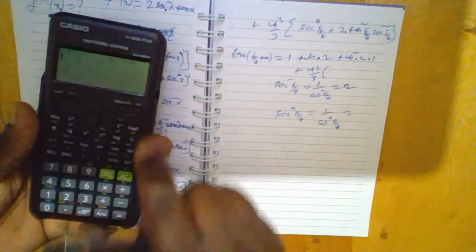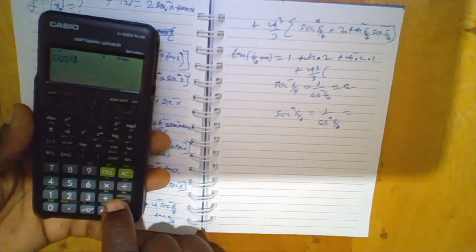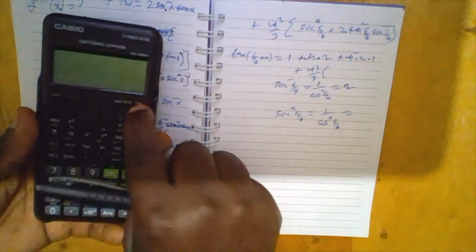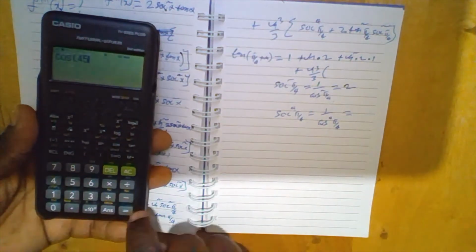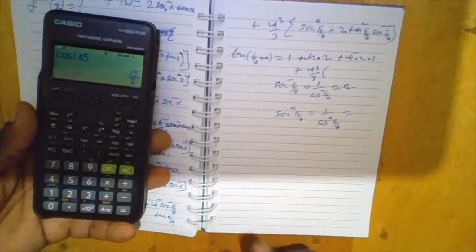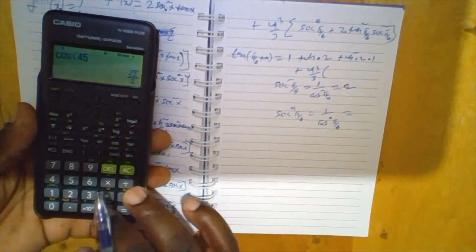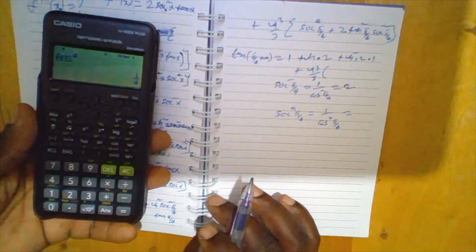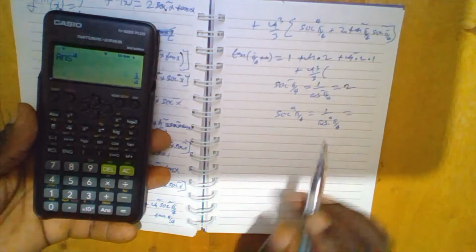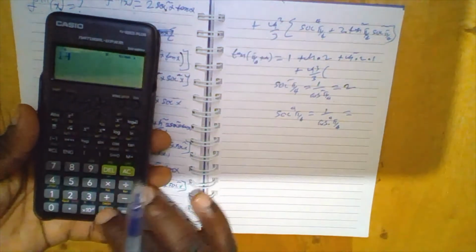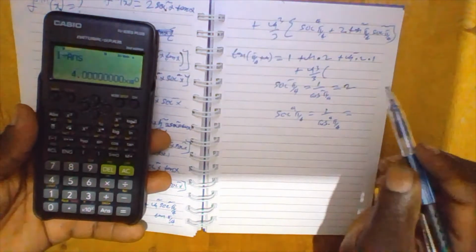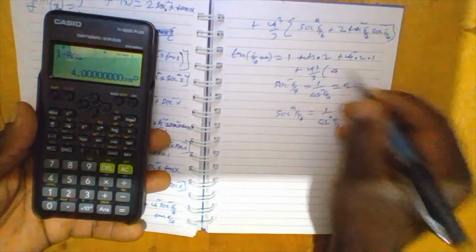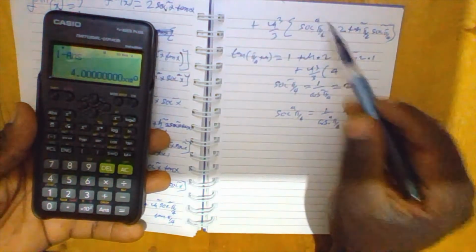So we get cos 45 equals root 2 all over 2, then raised to 4. So answer raised to 4, we get 1 all over 4. So we take 1 divided by 1 all over 4, 1 divided by the answer, we get 4. So sec pi over 4 raised to 4 is 4.